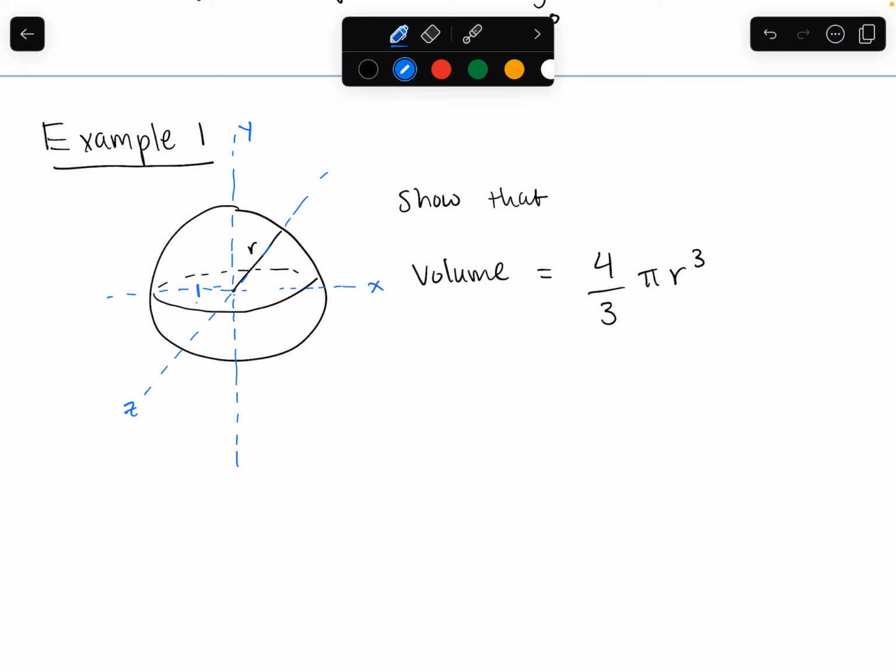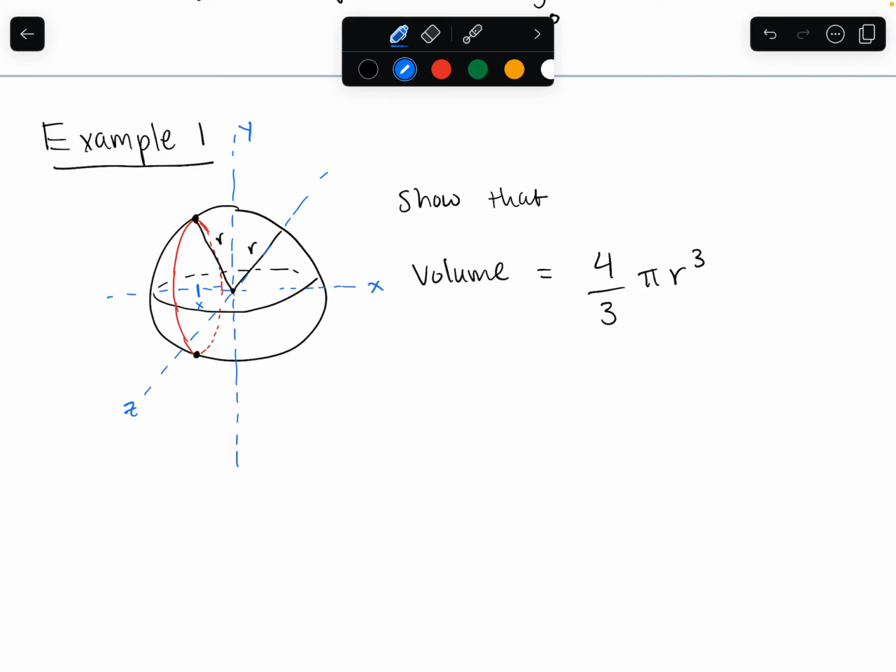Now when I'm at some point x here, I look at the cross-section of this ball at x. The cross-section itself is a circle, and its radius, well, I have to figure out what the radius of the circle is. So we know that this point here and this point down here are two points that lie on the sphere, so I know the distance from the center of the sphere to the point here, that's r.